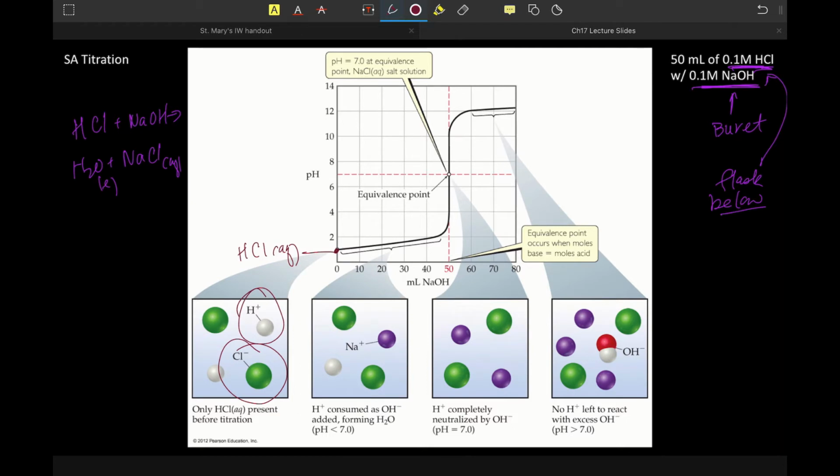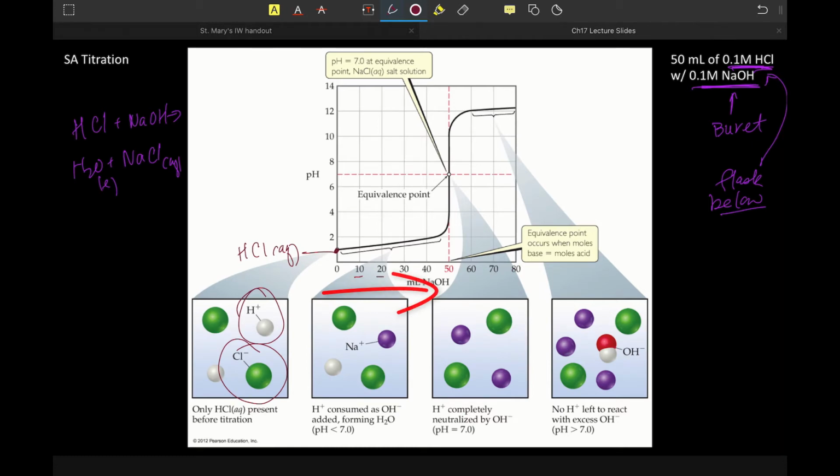Which is why for a strong acid titration, we typically have a very low initial pH, because my acid is completely dissociated and there's a boatload of hydronium ion floating around in the solution. And then you'll see that we slowly start to add some base.